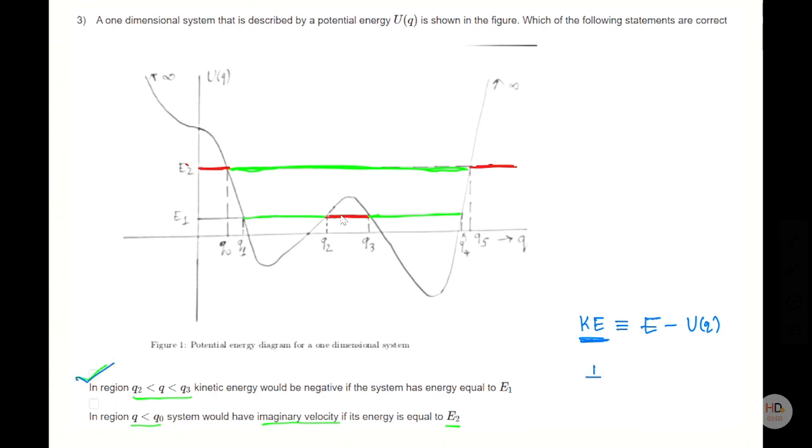Now, if the kinetic energy is negative, then your V is the square root of a negative number, right? Which is imaginary. So if you define your V to be the square root of 2 times kinetic energy by mass, then it is imaginary. And in that sense, this is correct. Do you get it?